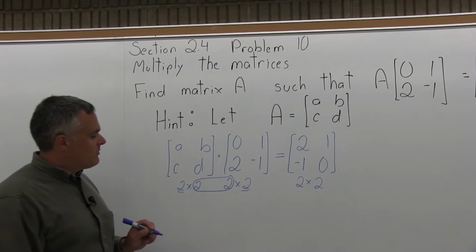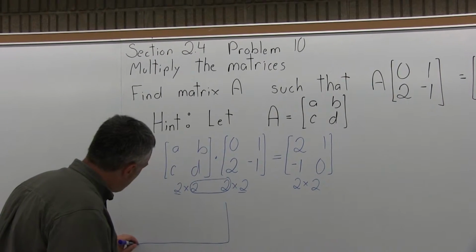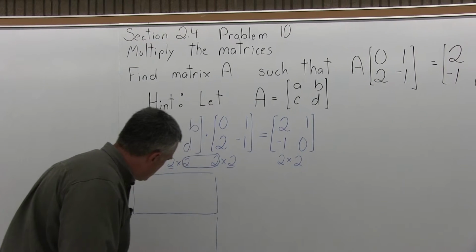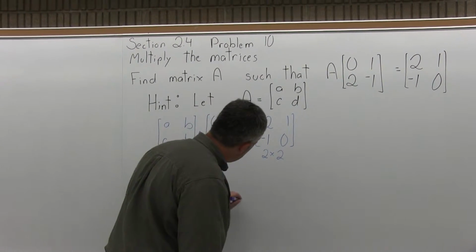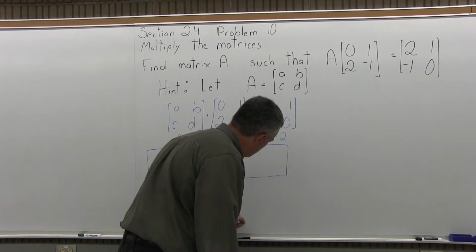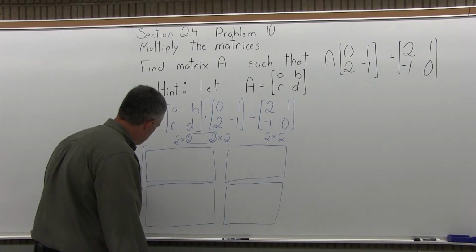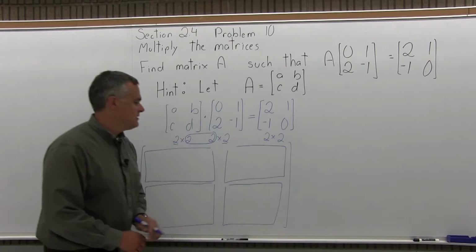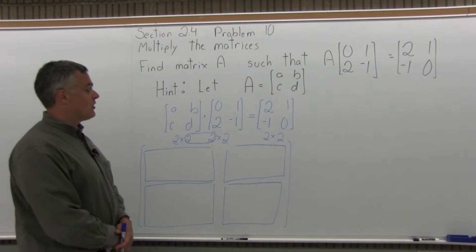Now, when we multiply this out, let me write our big boxes like I usually do in a 2 by 2 format. And what we're going to do is write some equations in these boxes, and we'll use those equations to find the values of the variables a, b, c, and d. So I'm going to start with a matrix made with big empty boxes in a 2 by 2 format.